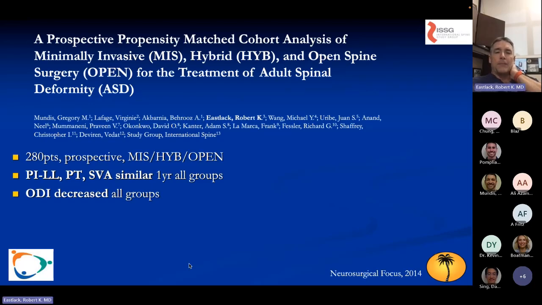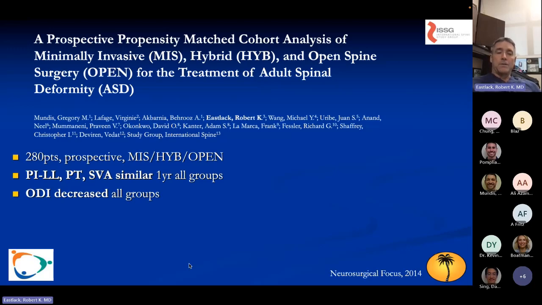When we looked at a propensity matched group of open versus MIS surgeries for deformity, there were 280 patients that were evaluated, and they were baseline propensity matched for deformity, or at least these aspects of deformity, the PI-LL mismatch, PT, and SVA.